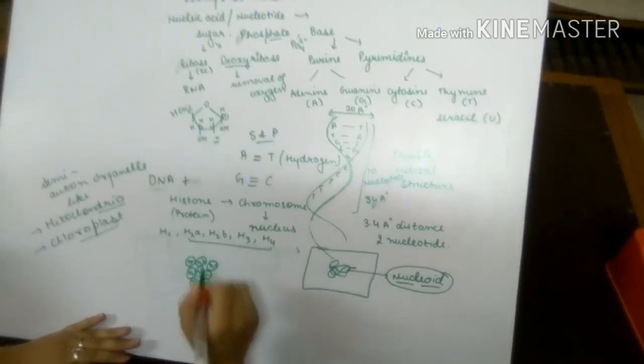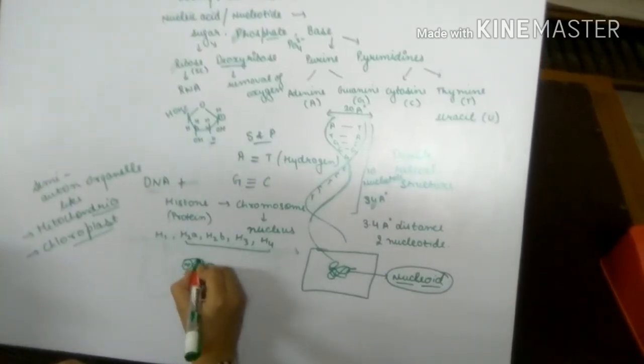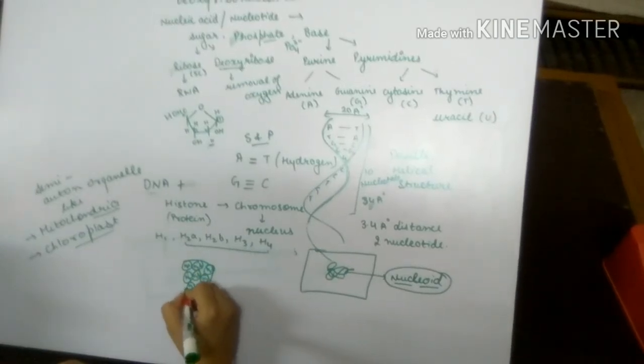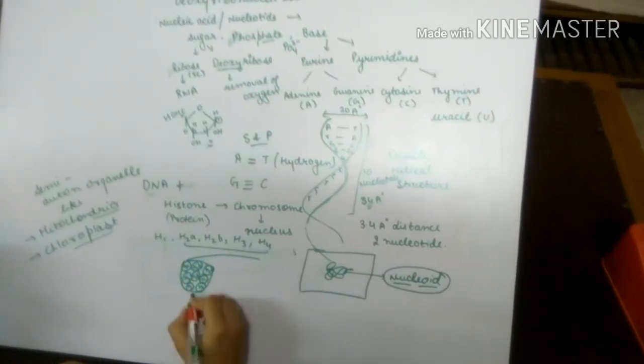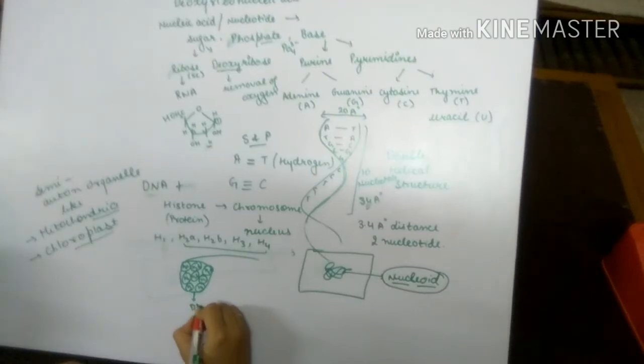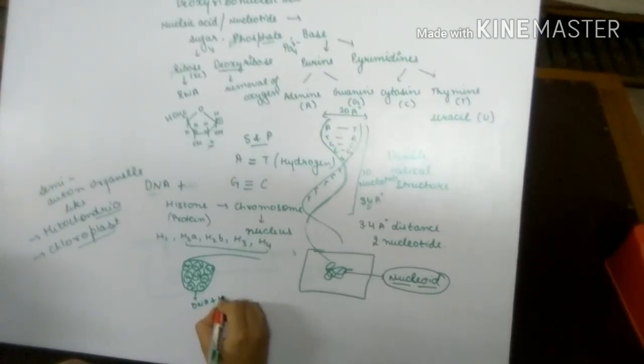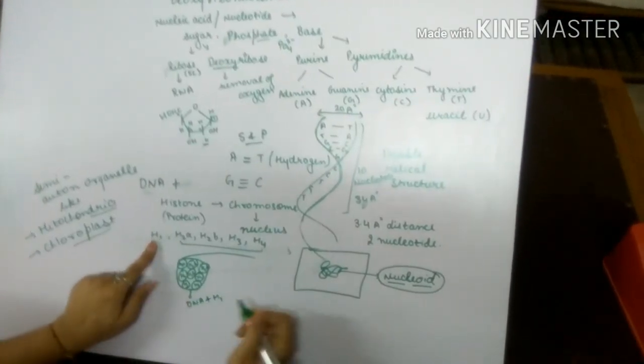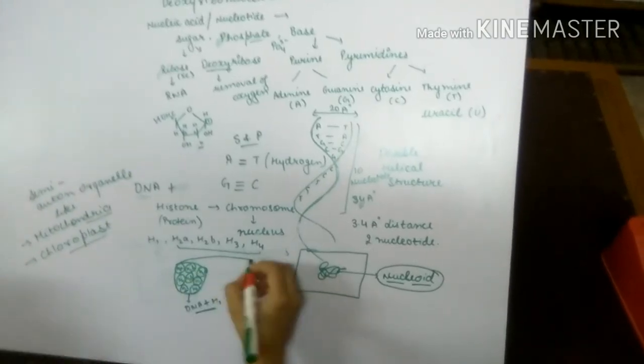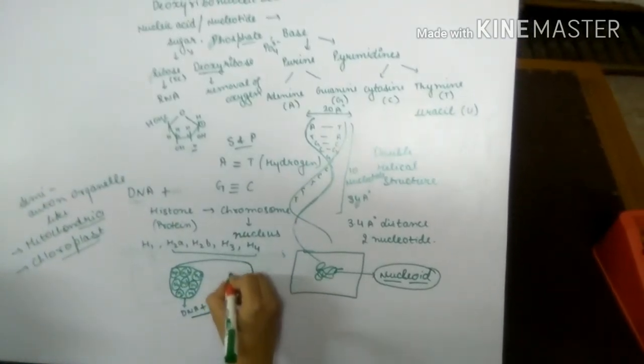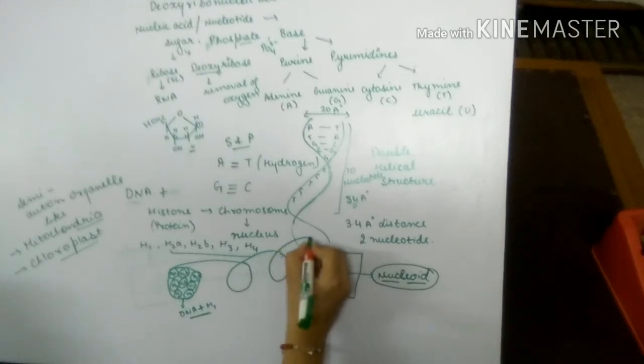But it forms an 8 bowl-like structure, which is covered by the DNA molecule. This is the DNA molecule and H1 histone. It is again formed after some distance. It is coiled.